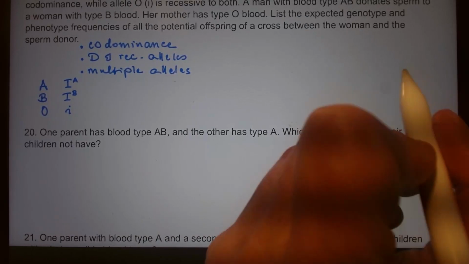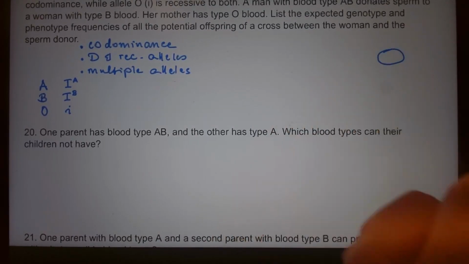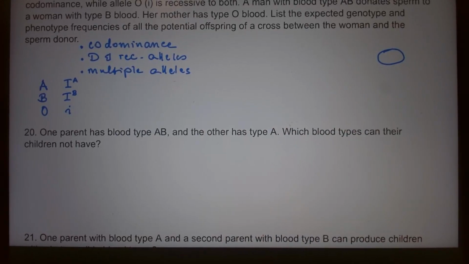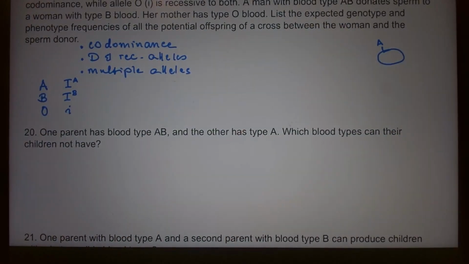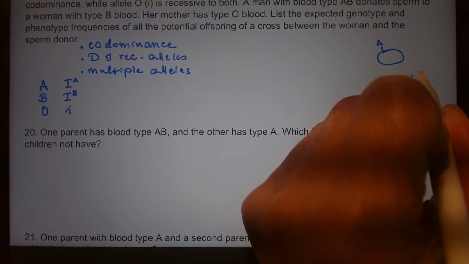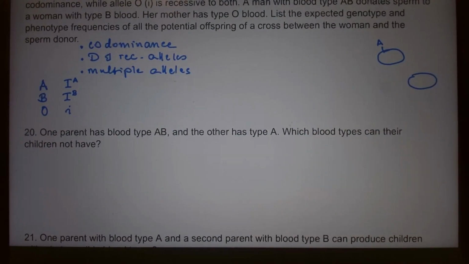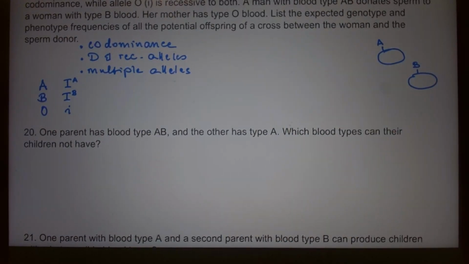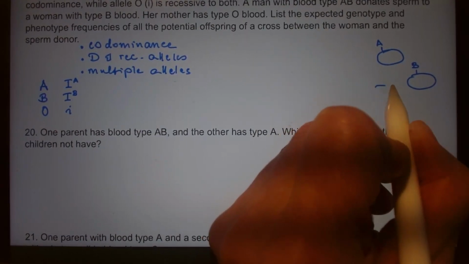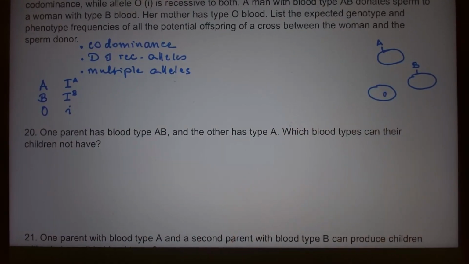Now, what does it look like? So here is a red blood cell, and if somebody has an A blood phenotype, it means that it has an A marker on its red blood cell surface. If a person has B blood, that means all of its blood cells contain a B marker on their surface. And if we have a person with O blood, that means it does not have any markers on the red blood cell.